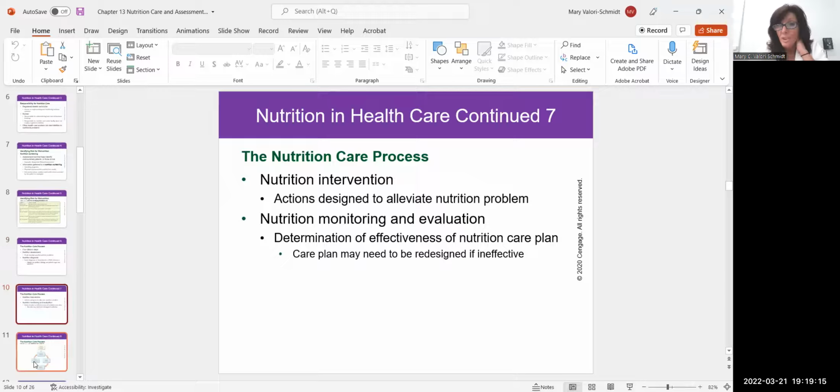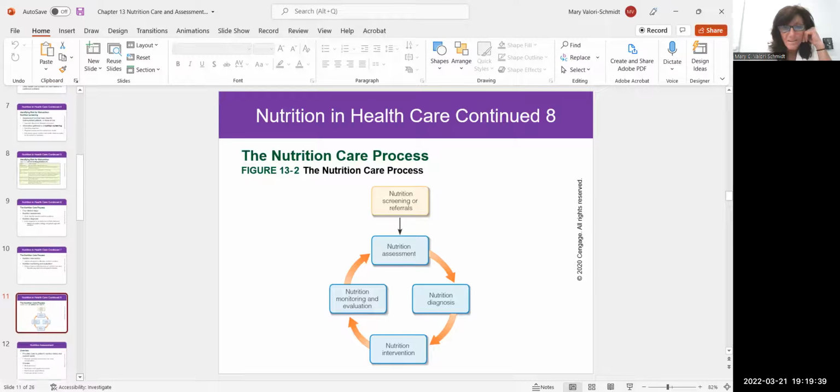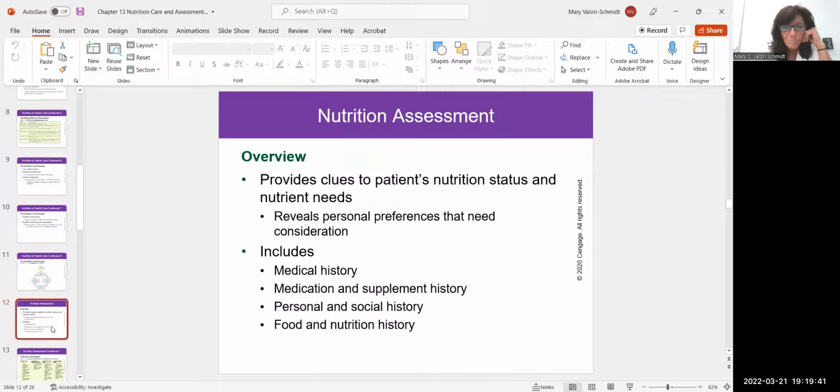Then there's the intervention. What can we do to intervene and alleviate whatever the problem is? And then monitoring and evaluation. So did it work? Did the plan that we put in place work? And if it did, great. And if it didn't, then we modify it and we start all over again, like back to square one. And there's a little flow chart here that shows the nutritional process that I just spoke about.